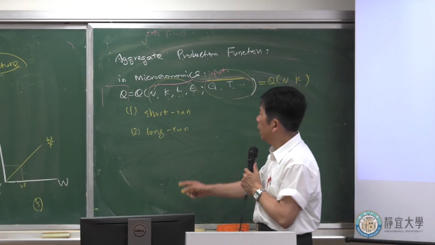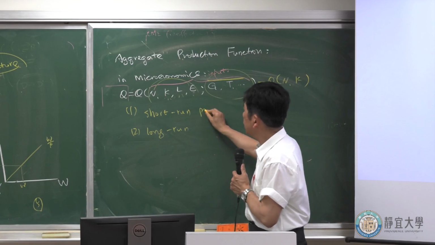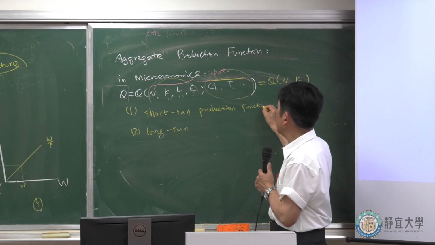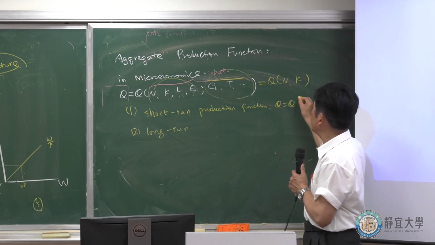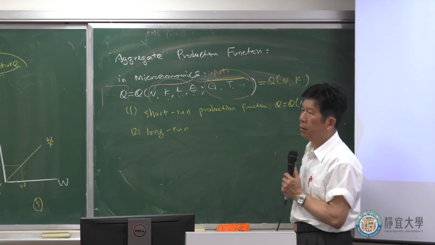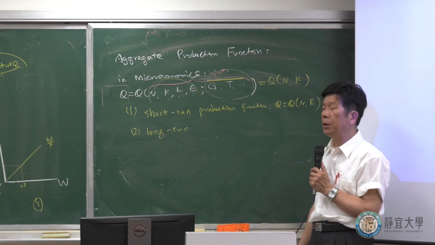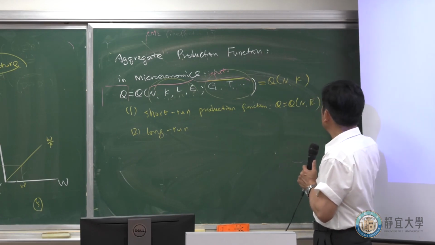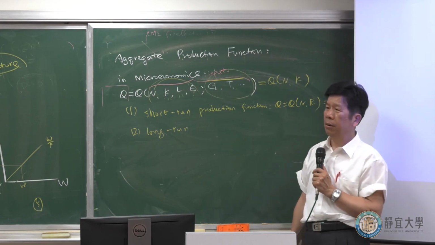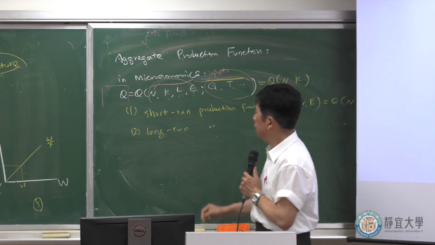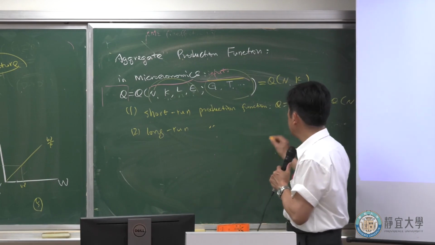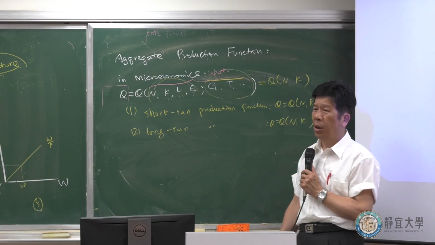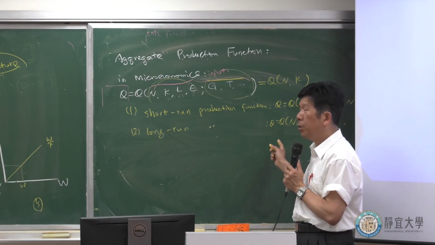The short run production function means Q equals Q of N and K bar: we let one factor be constant and the other be flexible, so we can say Q is a function of N. For the long run production function, Q equals Q of N and K: all the factors are flexible and can change.